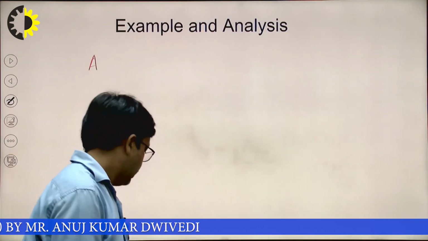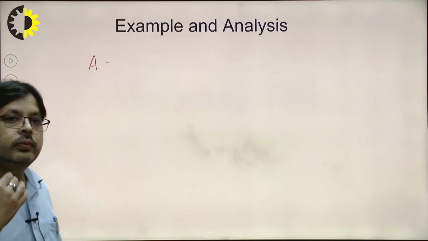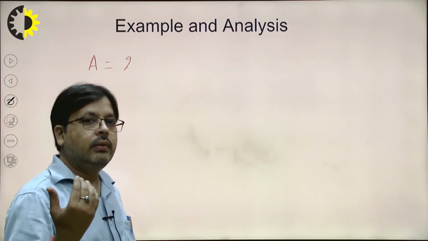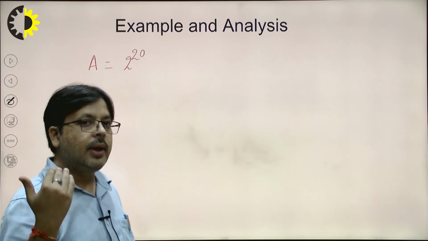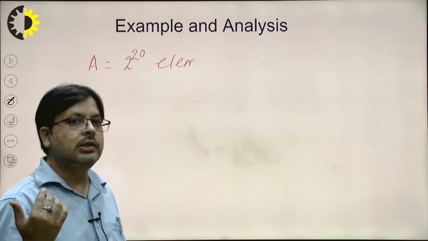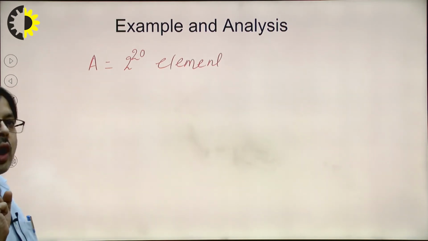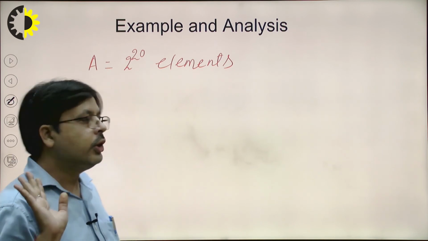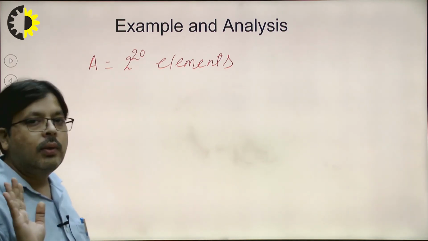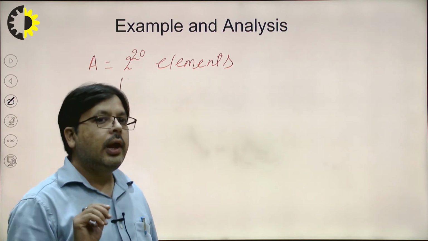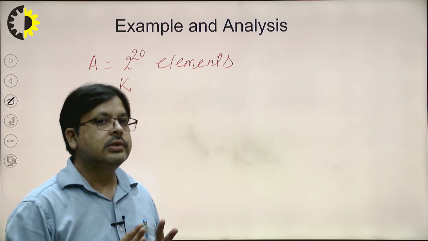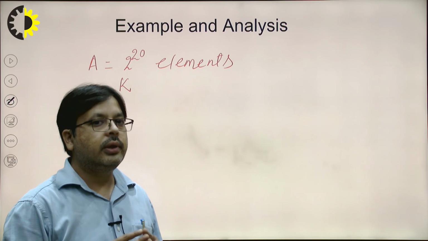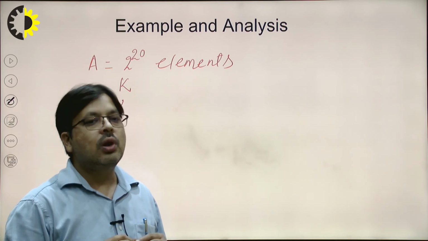Let's try to explain the working of binary search with the help of an example. Suppose you have an array with 2 to the power 20 elements, and you have to find the kth element using linear search.